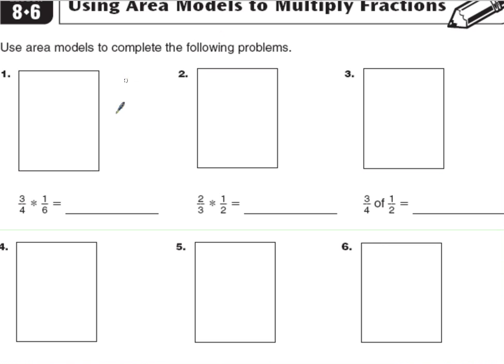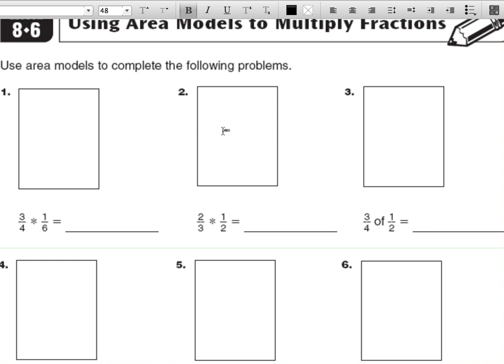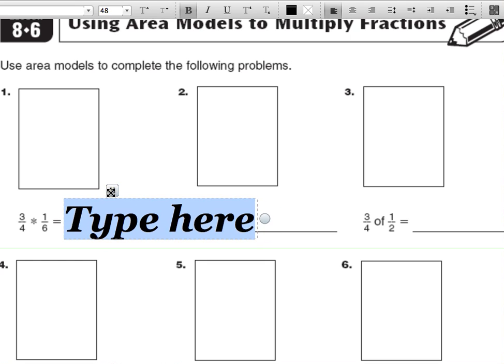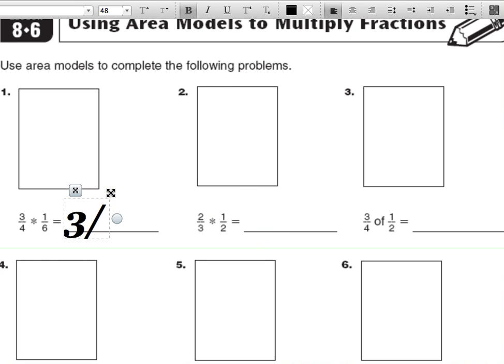All right, taking a look at a couple of these examples. I want you to pause the video as you try to work out these examples. This answer should be 3/24, which is also equal to 1/8 if you were to reduce it down. This would be 2/6, which is equal to 1/3.